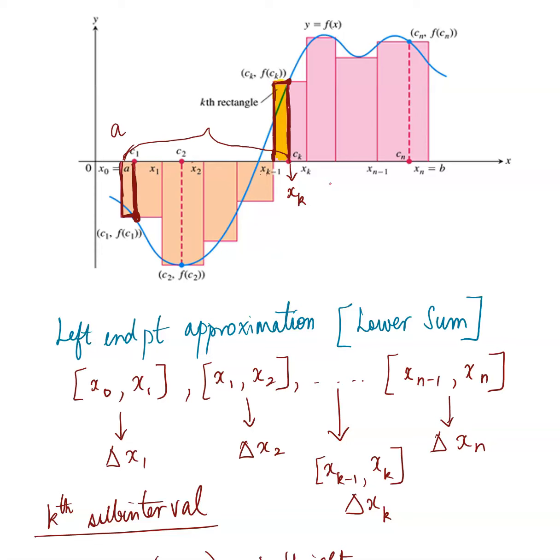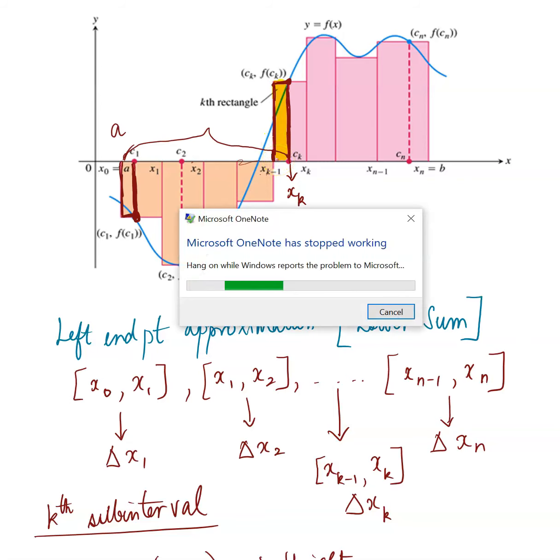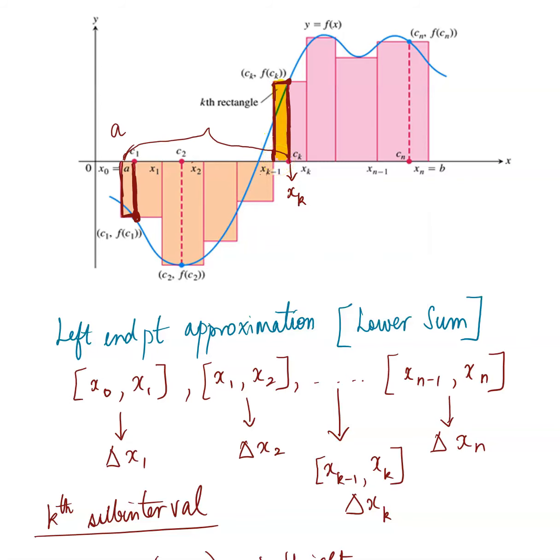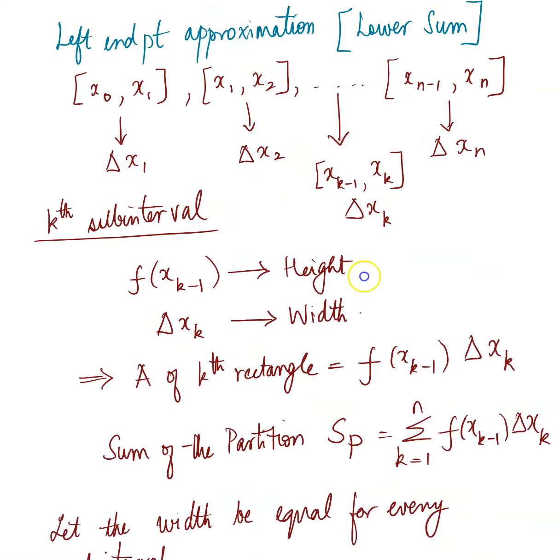But here it is at the end of the rectangle. So we are ending at xk. So you start at a, plus this width, plus the next width, and so on, including the yellow rectangle, which is of width delta k. Because it includes delta k, we'll have the widths or the base of k rectangles, not k minus 1 but k rectangles.